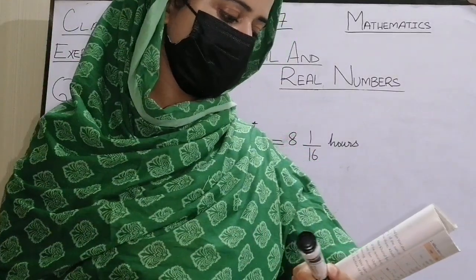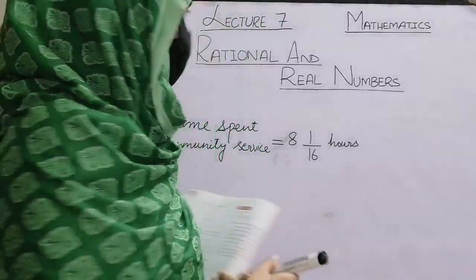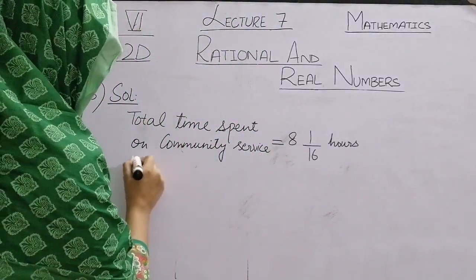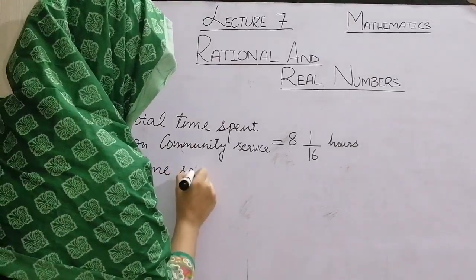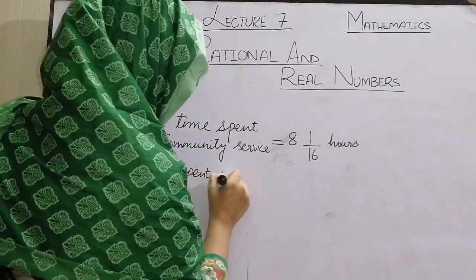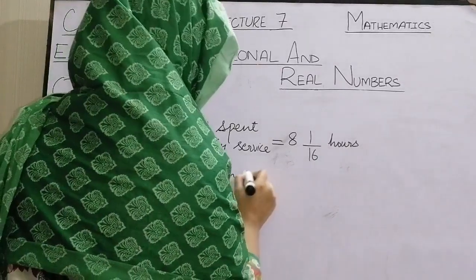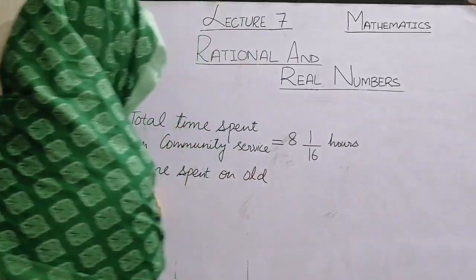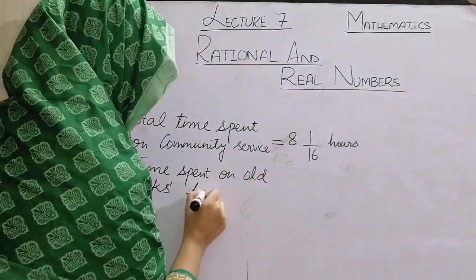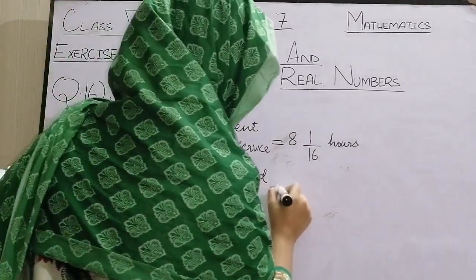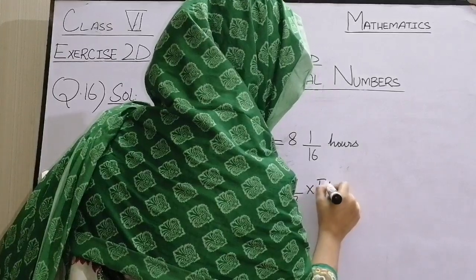Given that her visit to old folks' homes made up 4 by 7 of the total time, time spent on old folks' home is 4 by 7 of the total time.